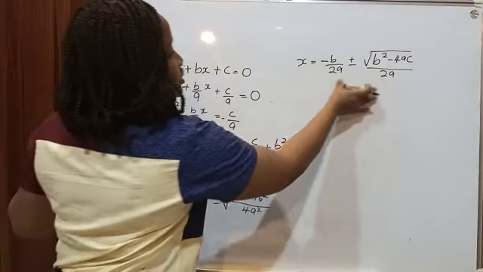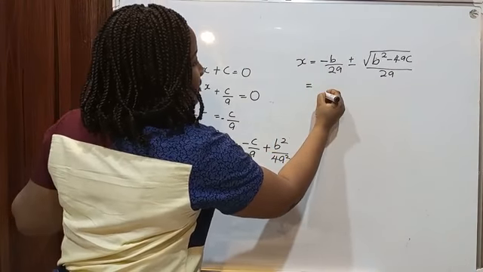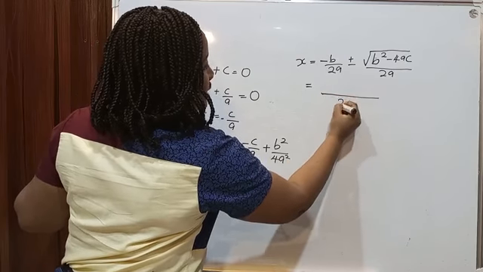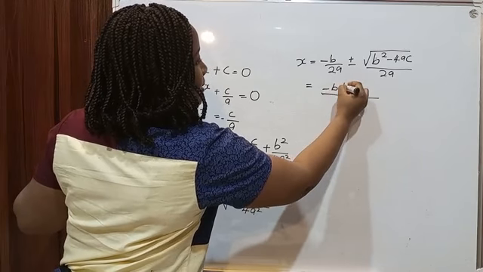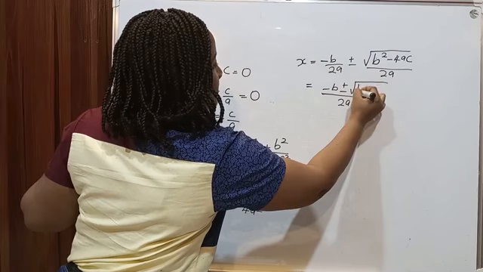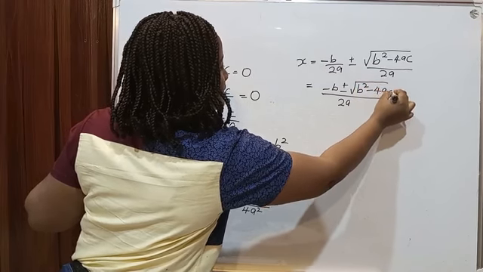Now since they have a common denominator, let's put them together. So you have 2a, you have minus b plus or minus square root of b squared minus 4ac.